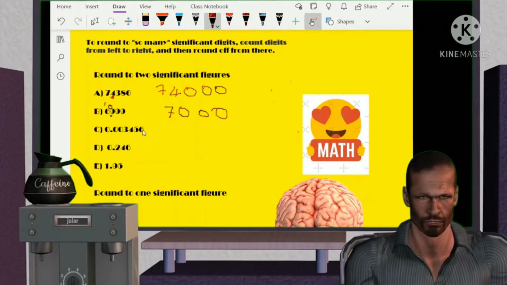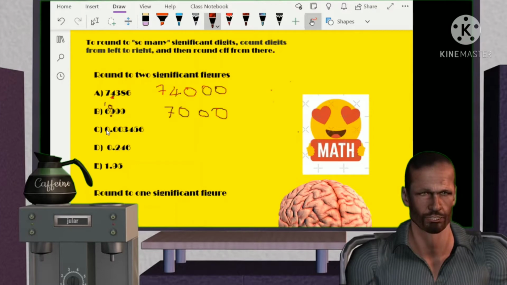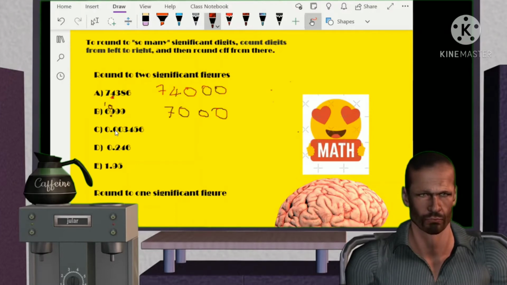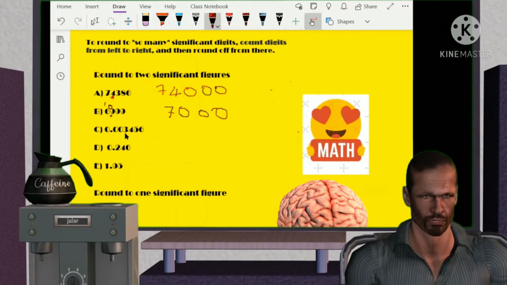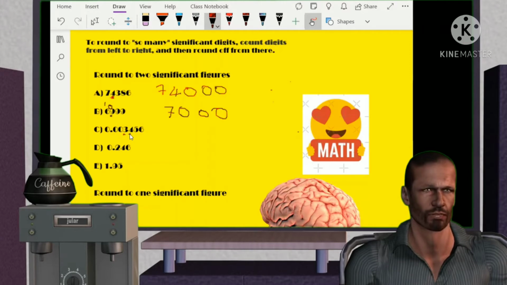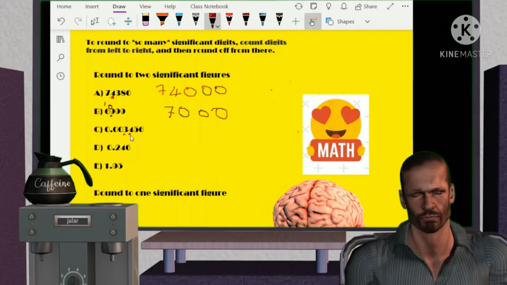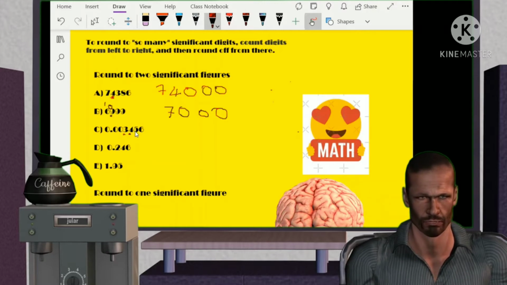0.003456? Now, we said that leading zeros are not significant. So the first 0 is not significant, second and third, all of these are not significant. My first significant figure is 3, and my second significant figure is 4. So since I'm at 4, my second significant figure, I'm going to stop there and look at the number to the right of 4, which is 5.